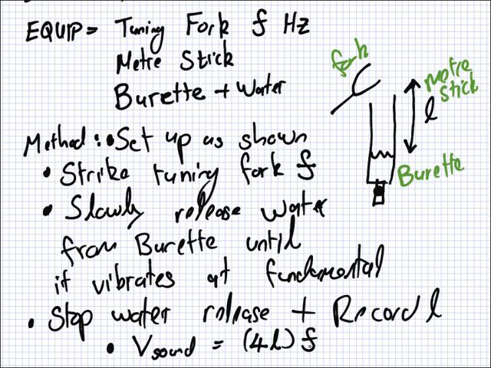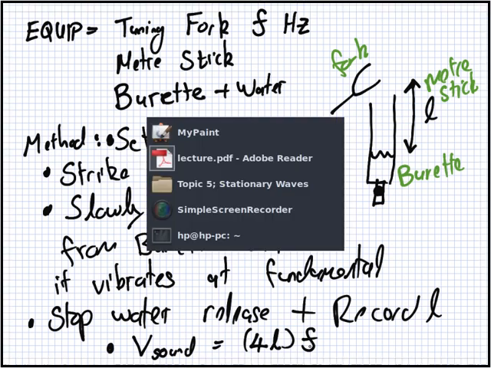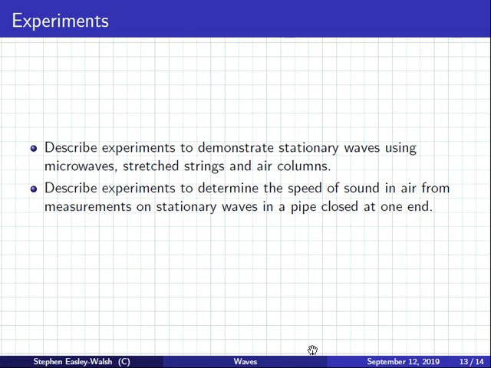Can I go to the next experiment? The next experiment was, describe experiments that demonstrate stationary waves using microwaves, strings and air columns. Now, if they say describe an experiment to demonstrate stationary waves using air columns, you could use the speed of sound experiment.